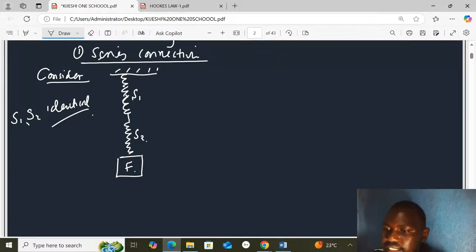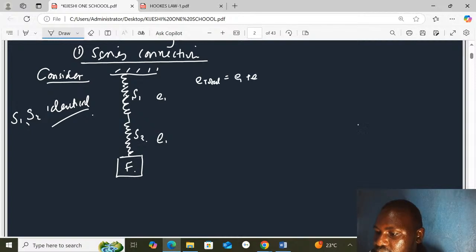When it is like this, the moment you're having these springs in this manner, each spring will extend independently. Therefore, you can say this one extends by E1 and this one extends by another E1, which is independent. Therefore, we'll say that E total extension for the system will be E1 plus E1.